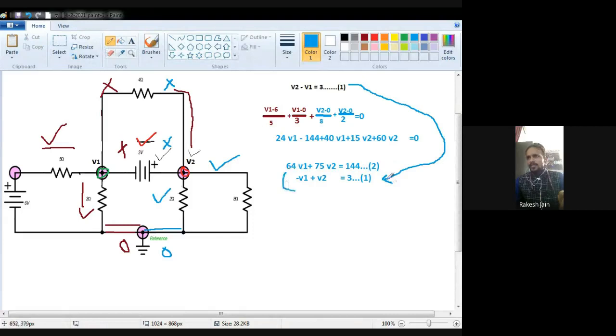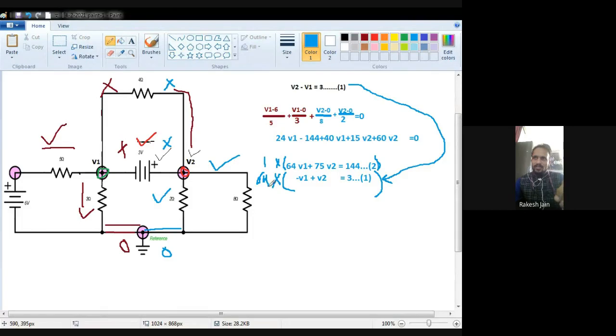Now to solve this one, how can we easily find the answer? Multiply this equation number 1 by 64, because 64 is the coefficient of V1 in the second equation. And multiply this equation number second by 1, because 1 is the coefficient. Neglect the positive or negative sign, we only consider the constant.